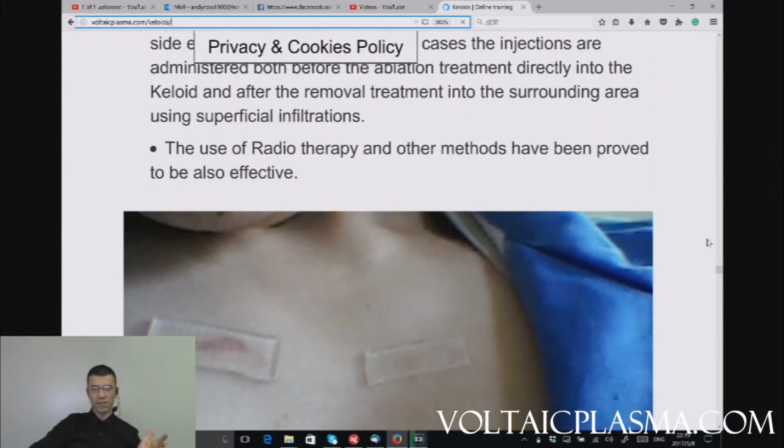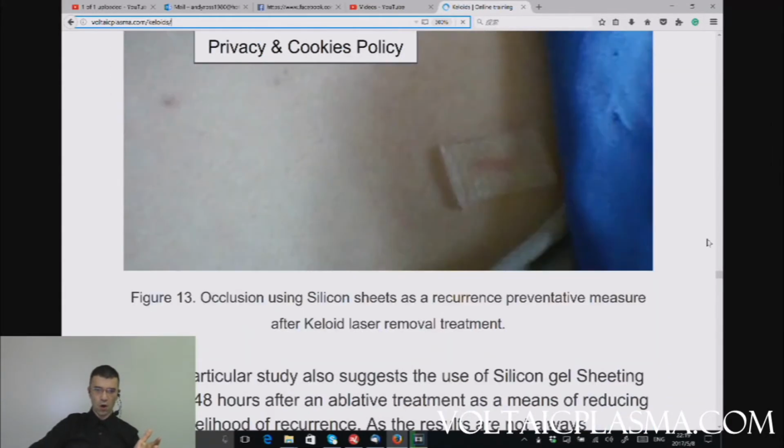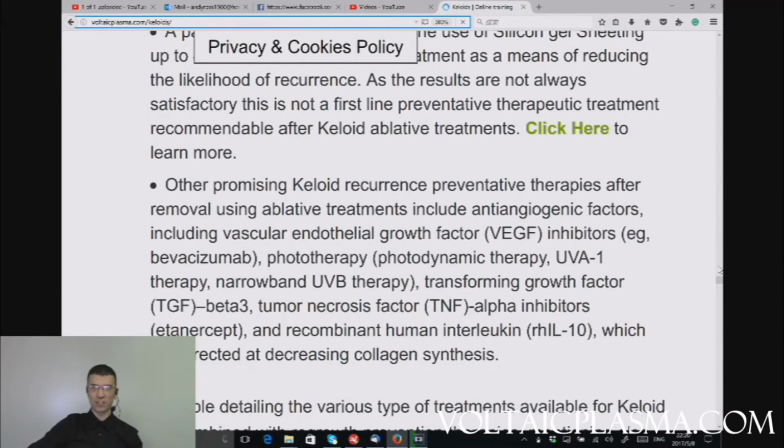So one method of treating keloids by using electrical arcing or lasers is by burning them and then administering cortisone injections onto the area that you have burned where the keloids were, to prevent them from growing back.